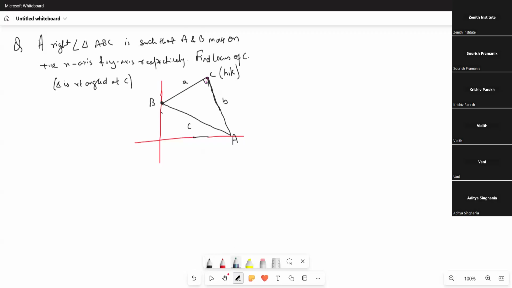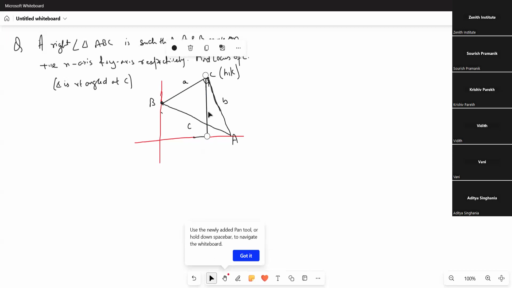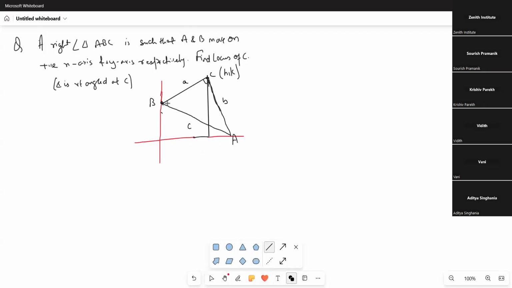Now notice, if we drop a perpendicular from C, and then drop a perpendicular from B, so if this is h comma k, this would be h and this whole length would be k. Is that clear?